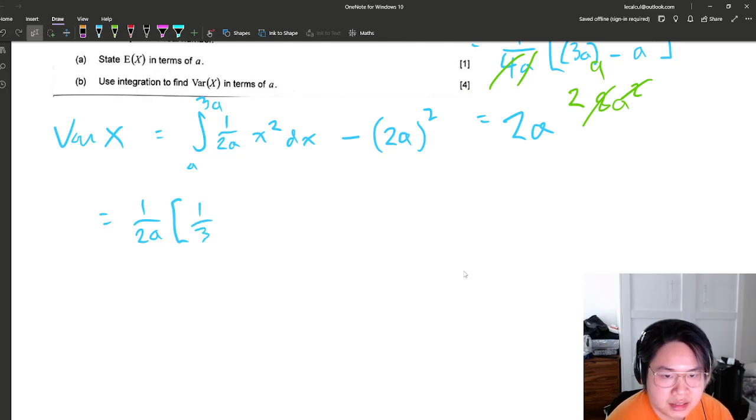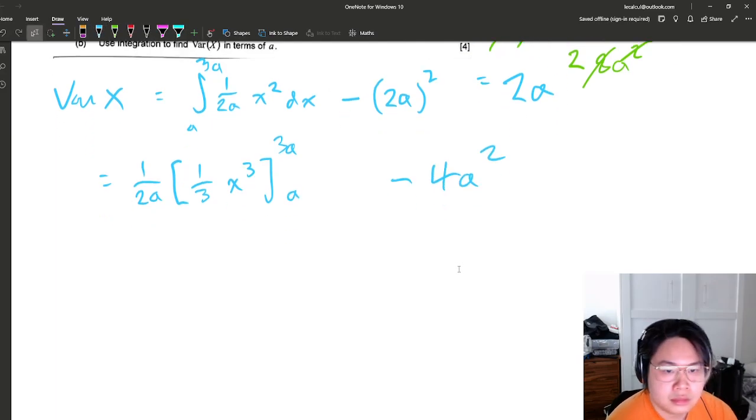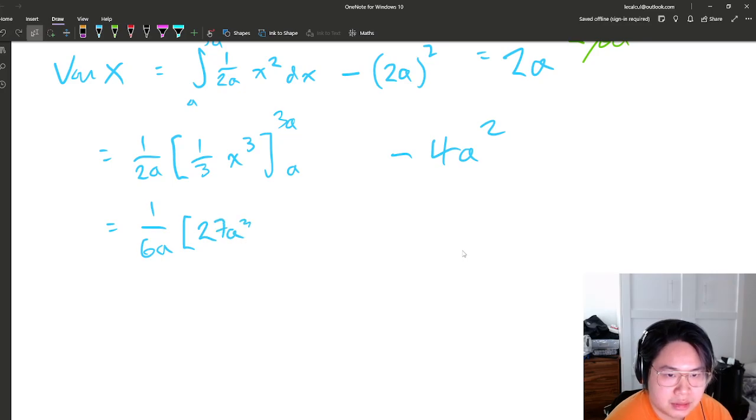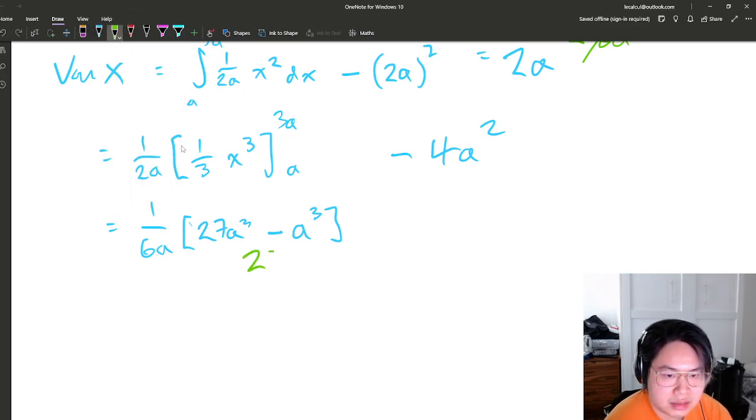Okay, so same thing, we're gonna integrate this. If it's x squared, then this is 1/3 x cubed. Okay, and then this is 1 over 6a, and then if we're cubing 3a, then we get 27a cubed minus a cubed. So 27 minus 1 is 26 a cubed.